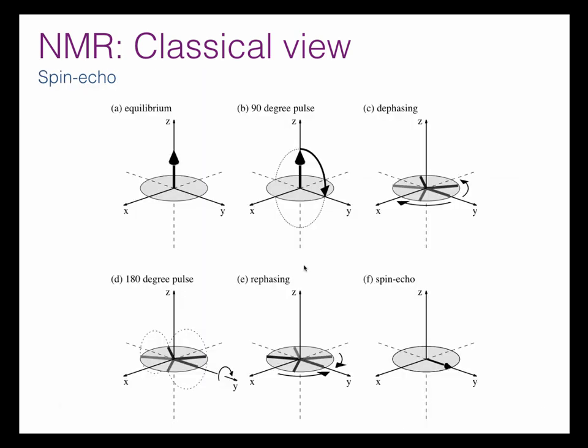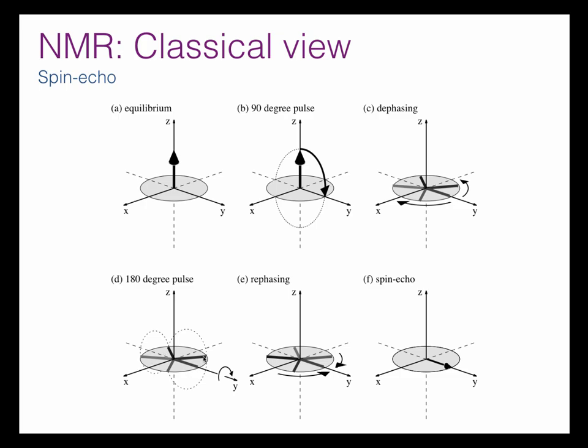One way you can do that is by forming a spin echo. Imagine your magnetization is initially at equilibrium and you tip it down, and then it dephases with this T2 star effect, which we just saw. If you now apply a 180-degree pulse, that essentially causes all the spins to be flipped over.